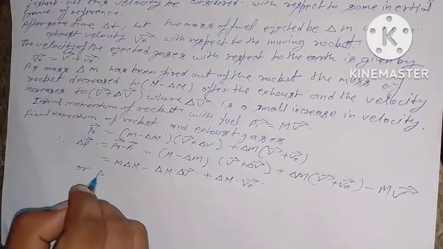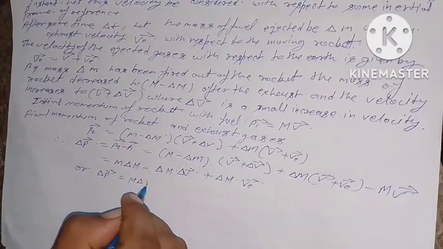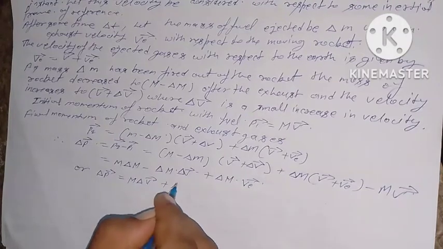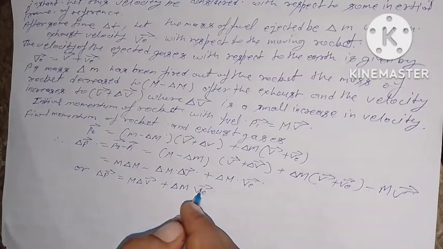So delta P vector equal to capital M delta V vector plus delta M VE vector, okay.